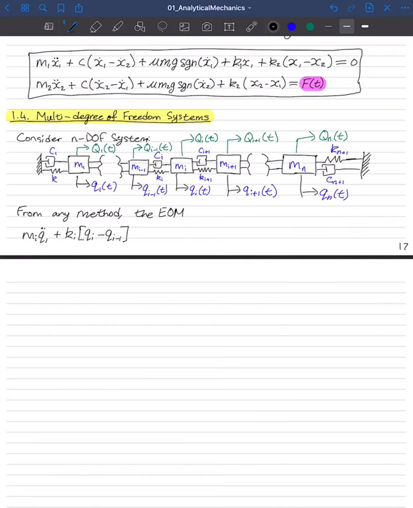In the case of i equal to 1, q sub 0 is just 0. That represents the displacement of ground, which is 0.